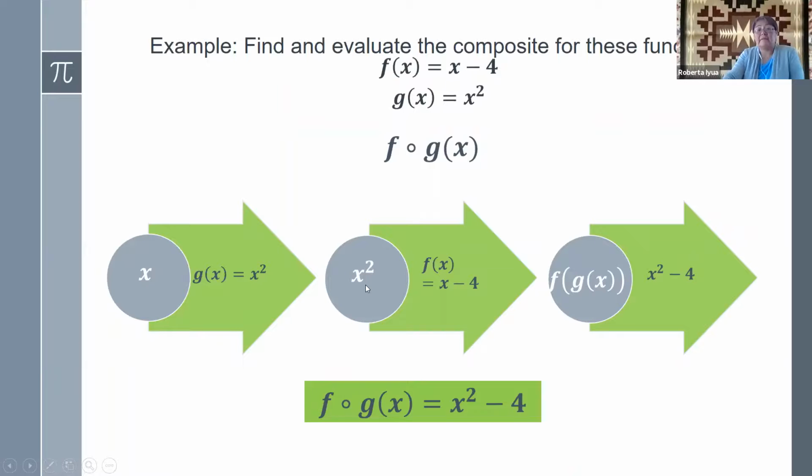Input that in, and we get x squared. Then we input into f of x equals x minus 4, and we get f of g of x, with an output of x squared minus 4. And our answer is x squared minus 4.